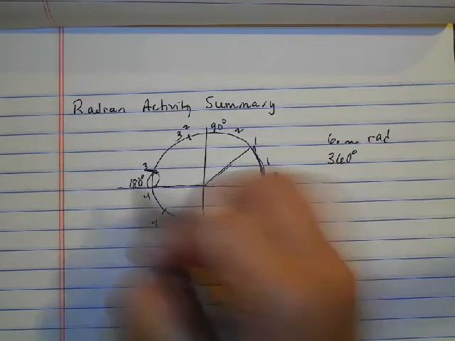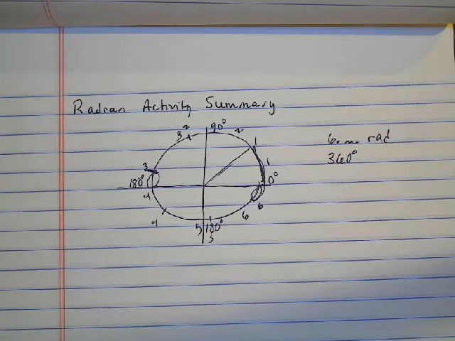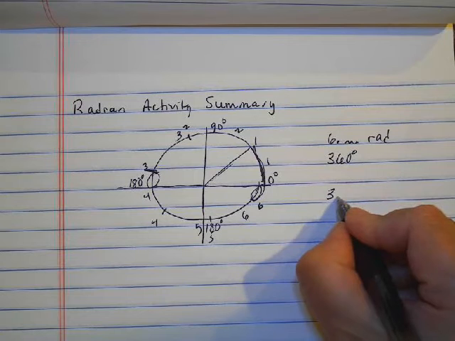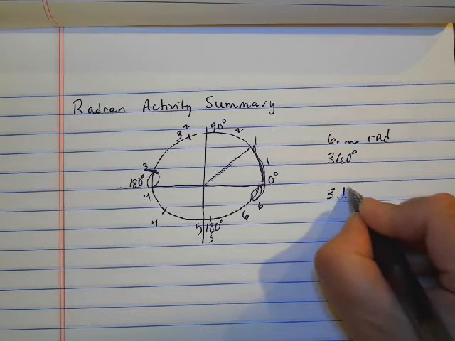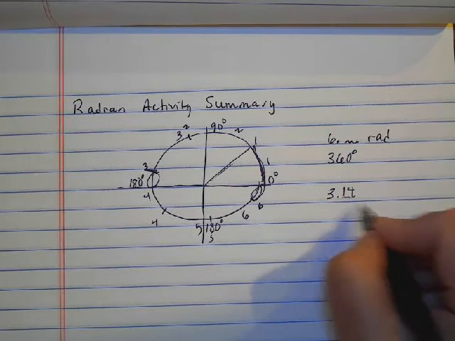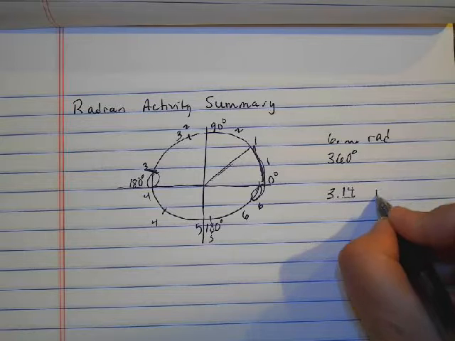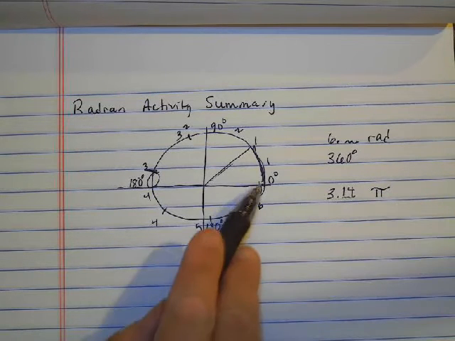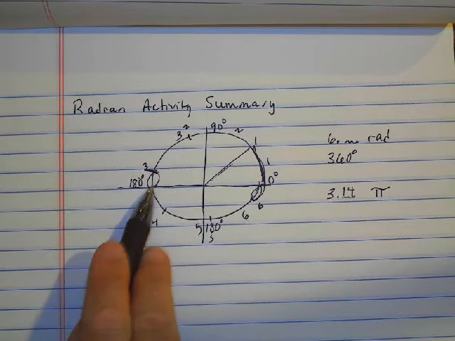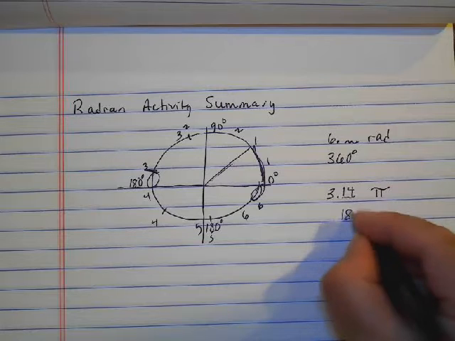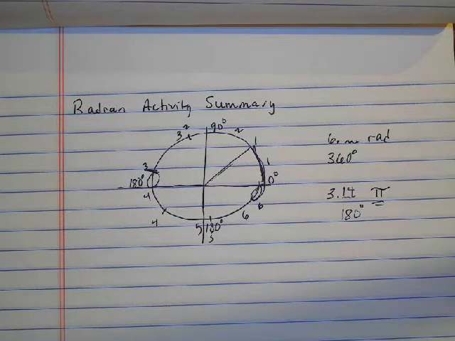So you probably are kind of seeing by now that when we have the number 3 point something, typically we're talking about 3.14. And 3.14 is the same thing as pi. So a semicircle, or one that goes from 0 to 180 degrees, we would say is pi radians.